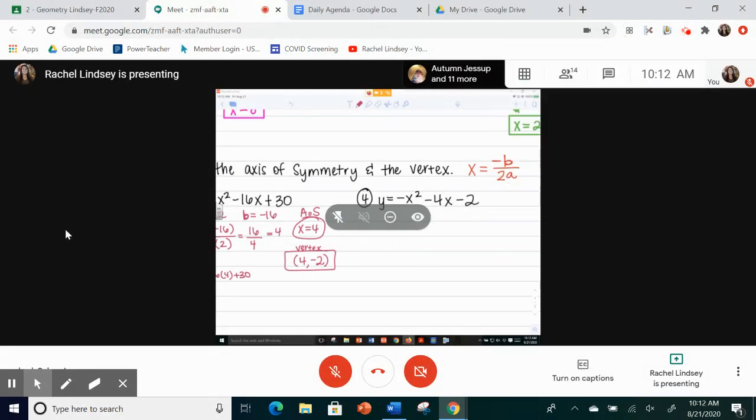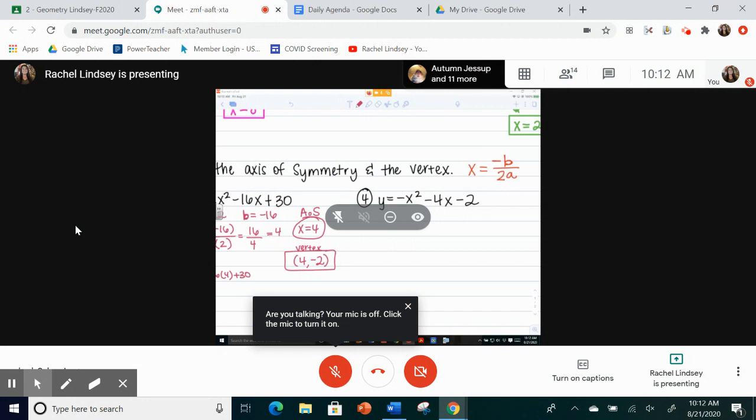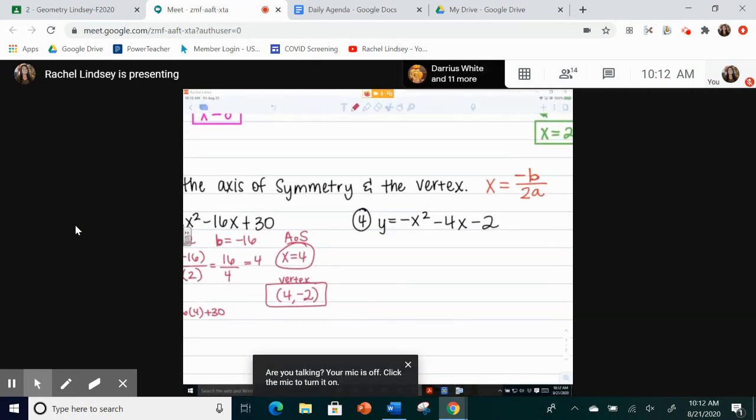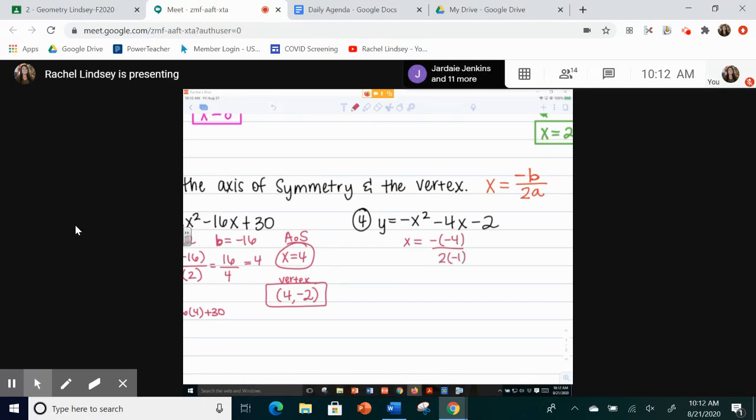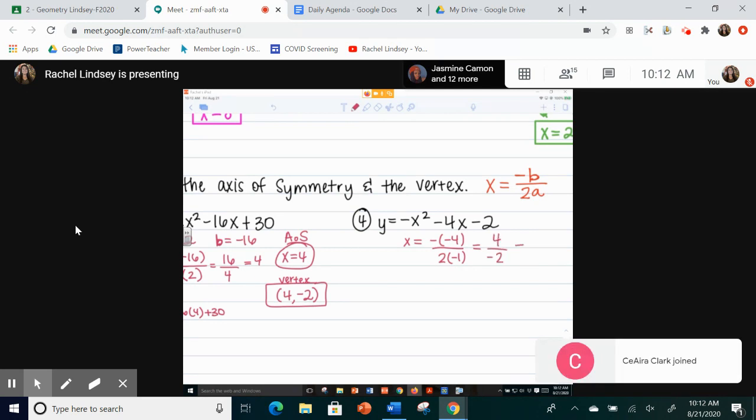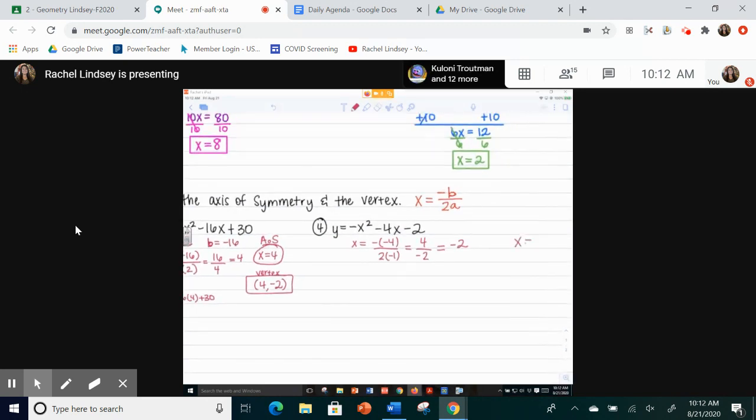So I am going to take -b over 2a. So -4 over 2 times -1. Negative times a negative gives you a positive over -2. And then x will equal -2. So my axis of symmetry is x equals -2.